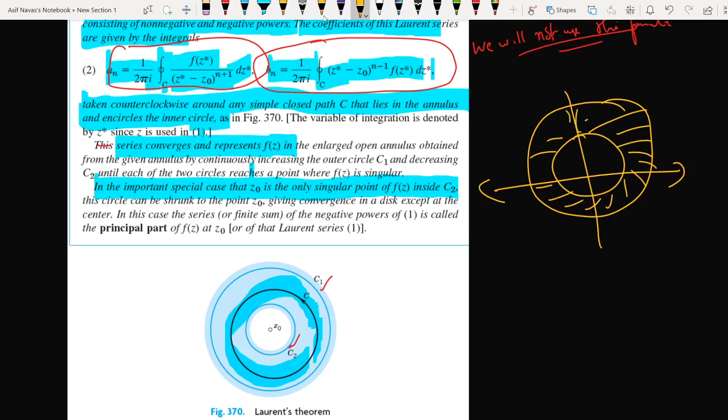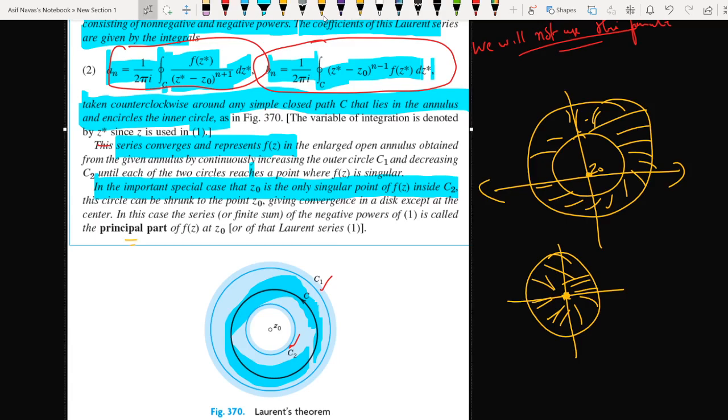Suppose z naught is the only non-analytic point inside, then this can be shrunk to this point. So our annular region becomes a disk without its center. That is the one thing.